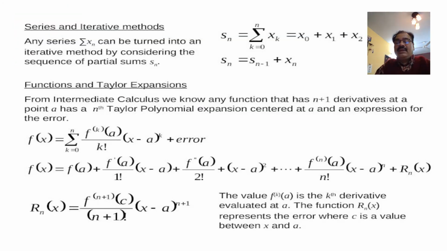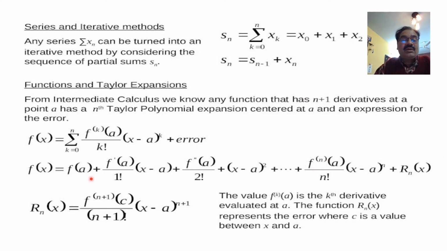Now sometimes in error analysis we must remember the Taylor expansion, because from intermediate calculus this part is very important. The series is f(x) equals f(a) plus f dash a by factorial 1 times (x minus a) plus f double dash a by factorial 2, and so on, where f to the k of a is the order of derivative.